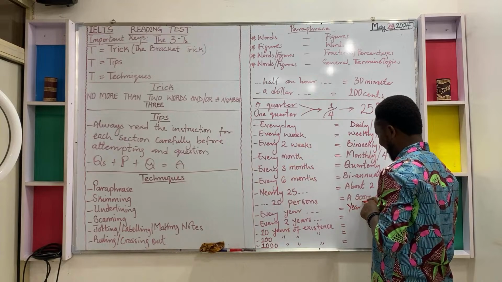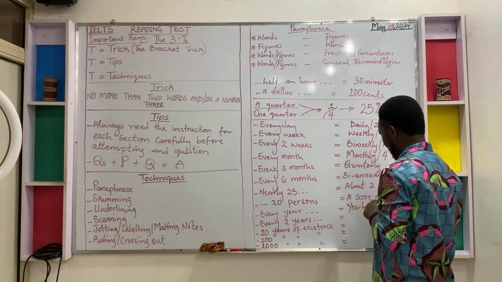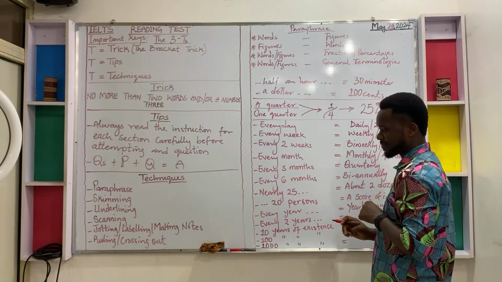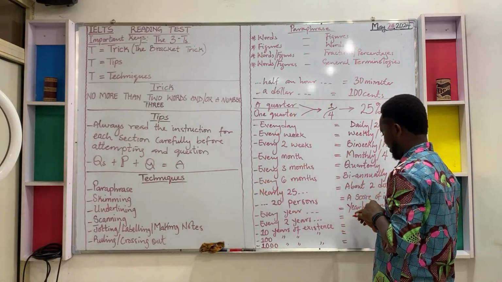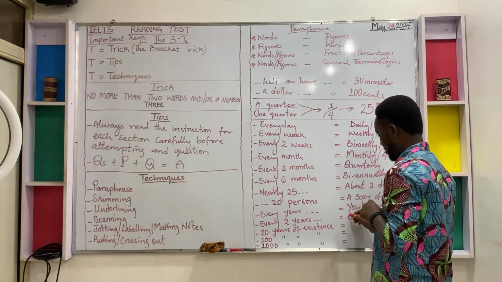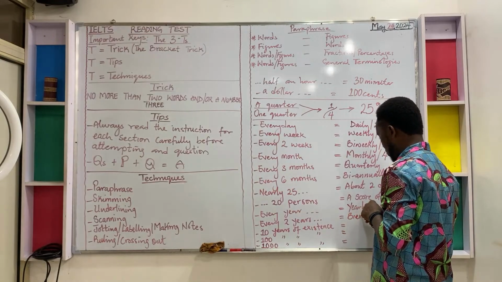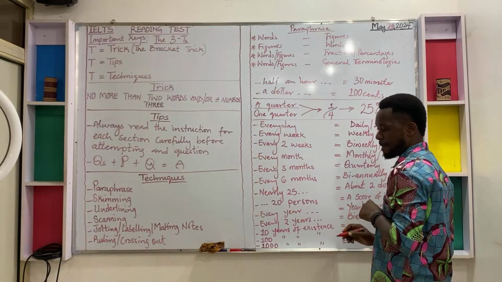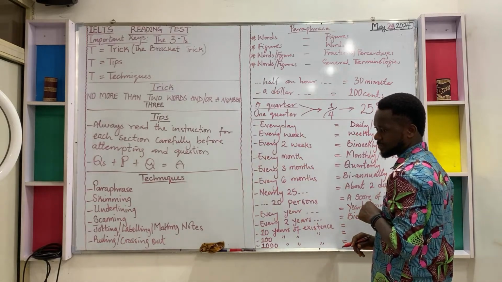Every year can be written as yearly. Every 2 years can be written as biannual.